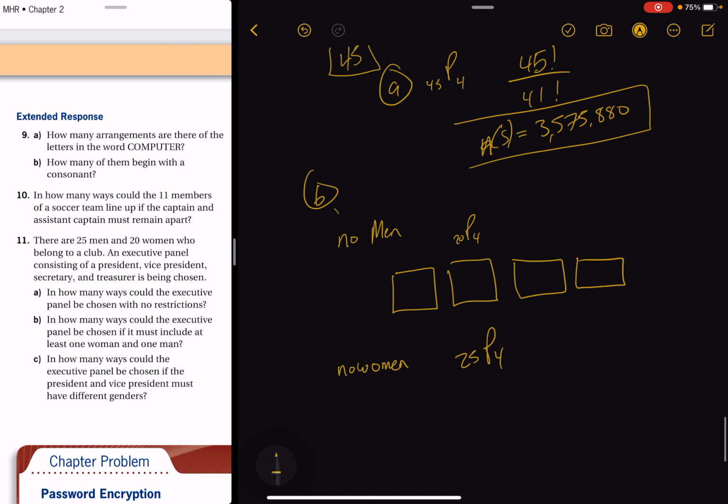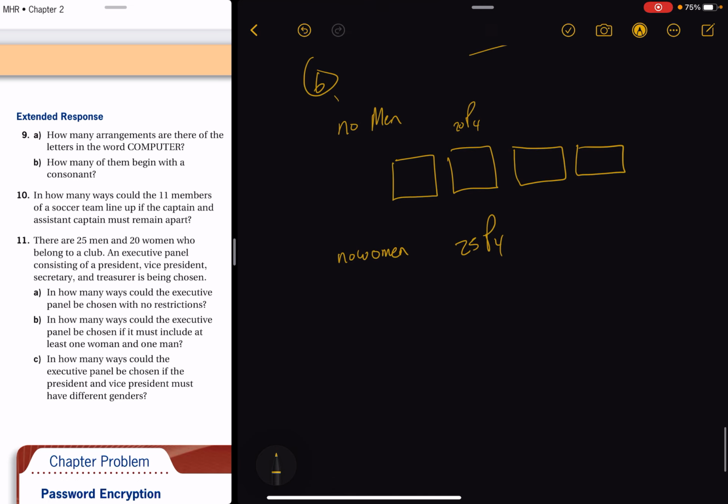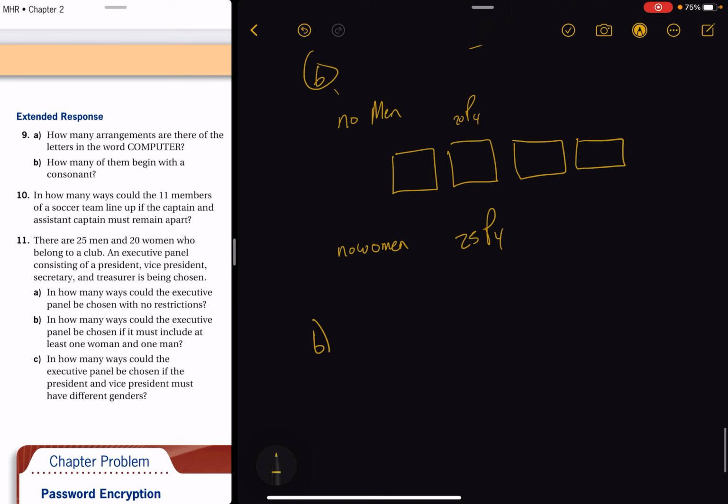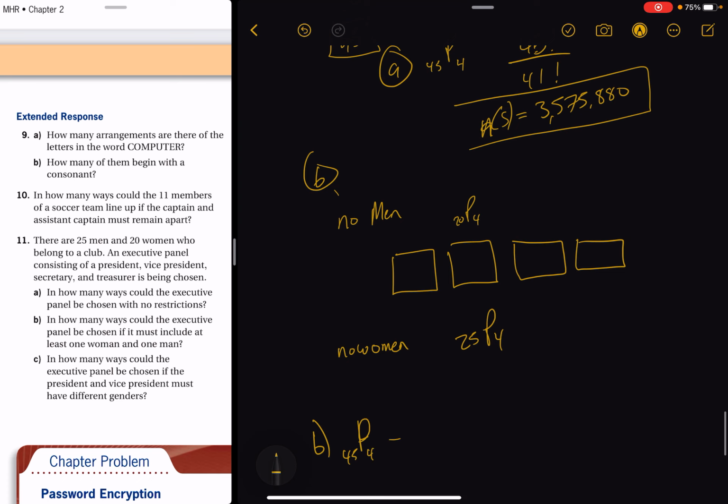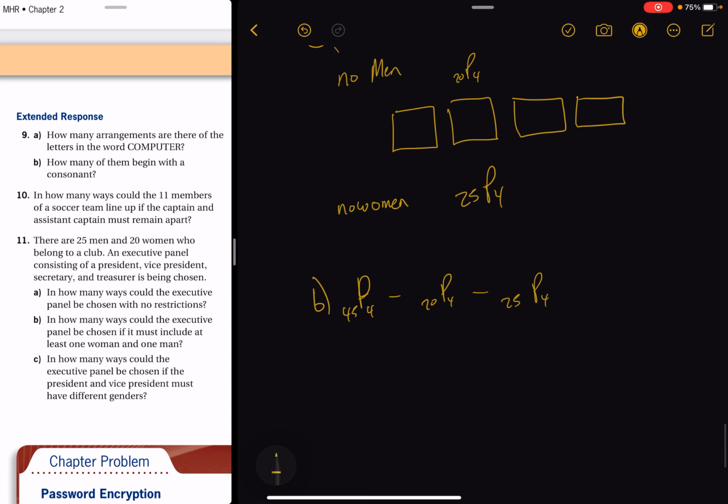So the answer to this question is, so B is 45 choose 4, take away 20 choose 4, take away 25 choose 4. And let's see what that equals to.